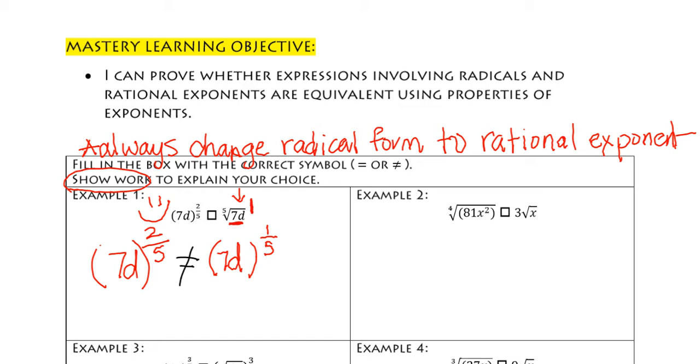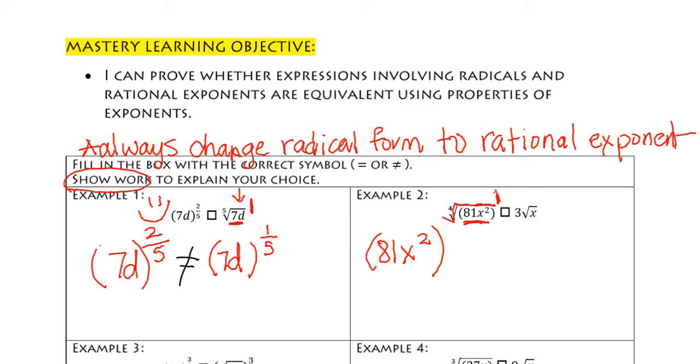Example 2, neither of these is in the form that we would like. So let's just start on the left-hand side. So the 4th root of 81x to the 1/2 power, raised to the 1 since there's nothing there. So 81x squared is going to be what's in parentheses since it's all underneath the radical.